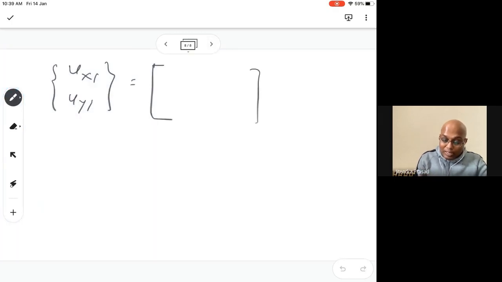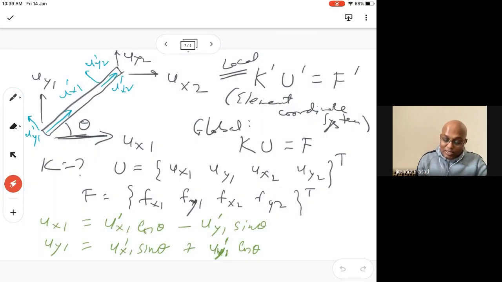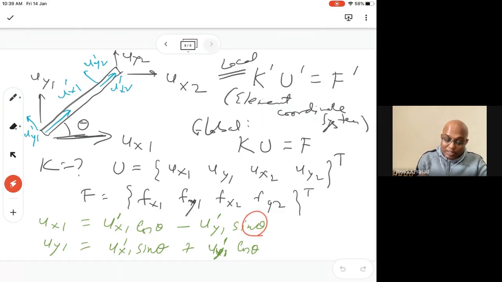Then ux1 dash and uy1 dash. What will be the value? First, it will be cos theta, and then minus sine theta.